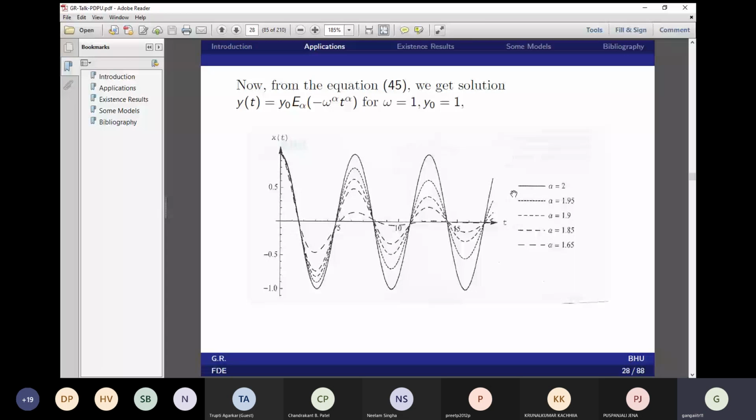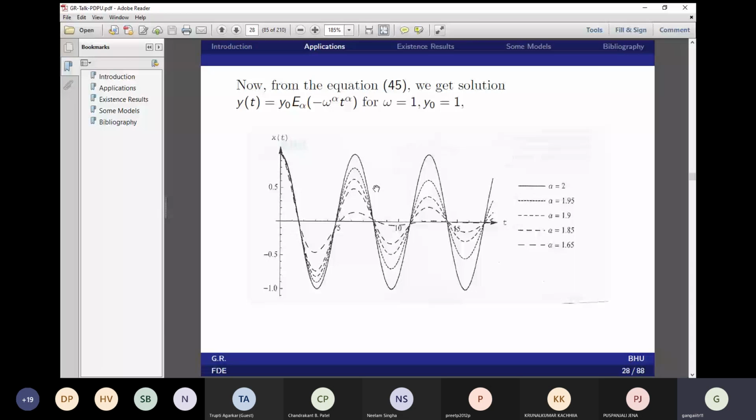So basically this example shows the beauty of fractional derivatives. Fractional derivatives give the natural behavior of the systems, but integer order derivatives do not give the natural behavior of dynamical systems like that.